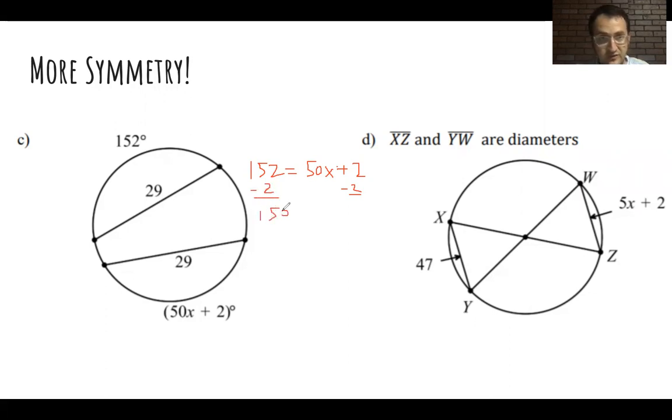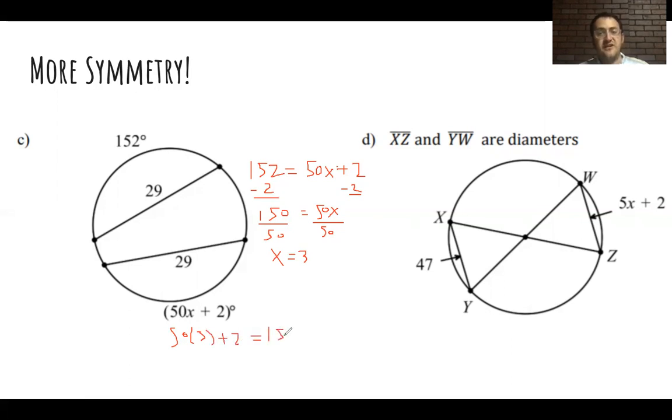So I could say that 150 is equal to 50x. And I'm going to divide by 50, and I'm going to get that x is equal to 3. And then I could try plugging that in. So I could do 50 times 3 plus 2 to get me to 152.